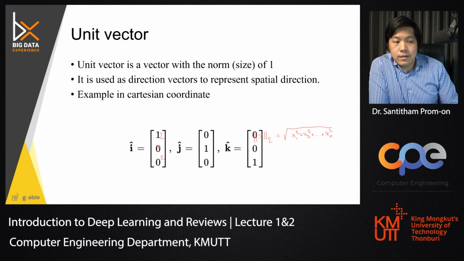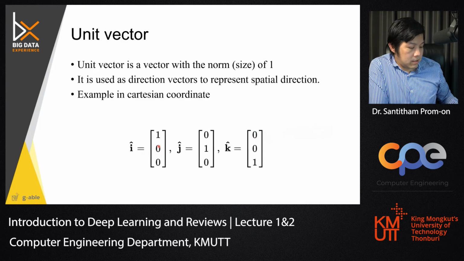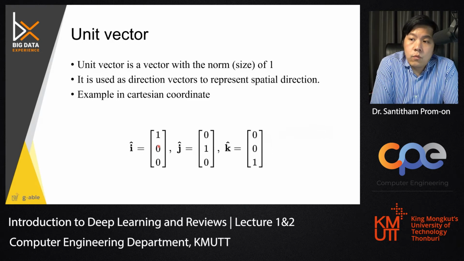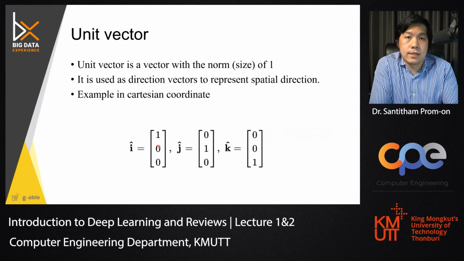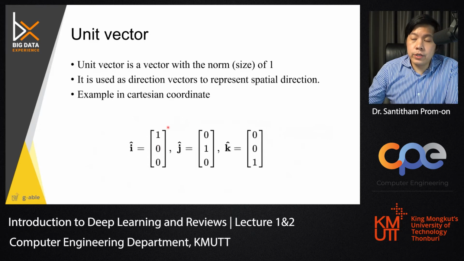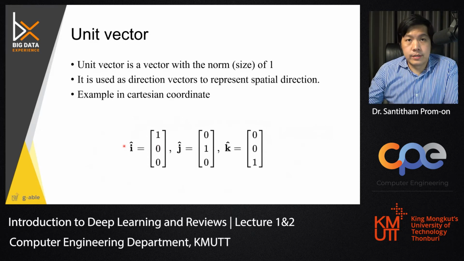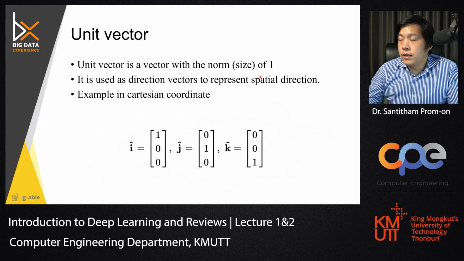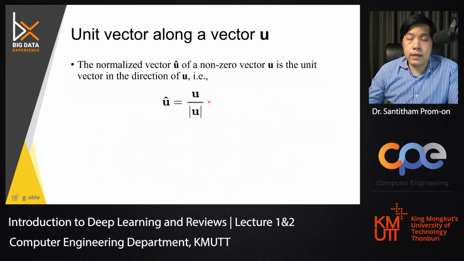Next, in terms of vectors, we call a vector a unit vector when it has an L2 norm, a size, of 1. It is usually used to represent direction because it has a size of 1. We can find the unit vector along a certain vector by taking that vector and dividing it by its norm.